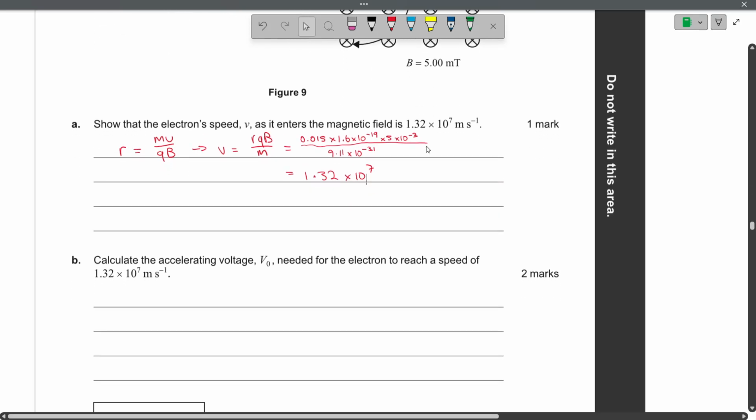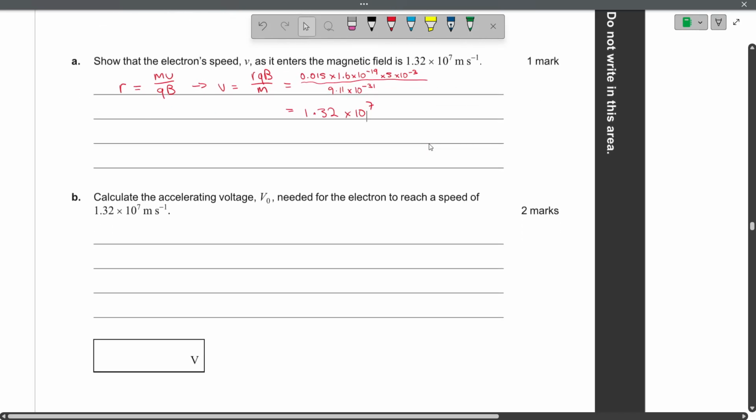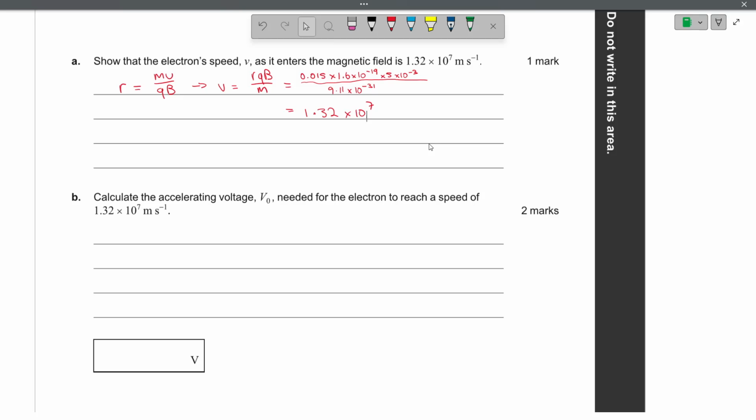There is a simple equation telling us that the work done on a charge Q by a voltage V is just Q times V. So the work done on this electron is Q times V0, but we also know that at the end of that accelerating period, the electron has kinetic energy equal to half mv squared.